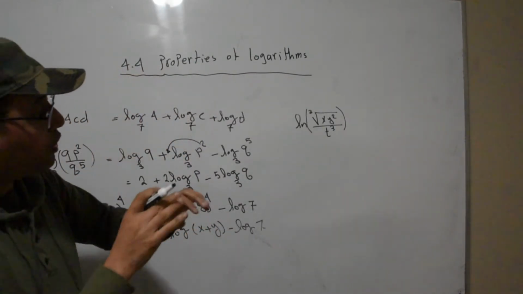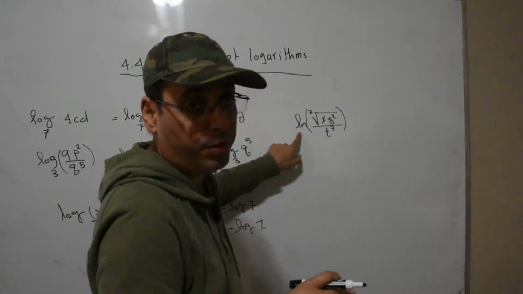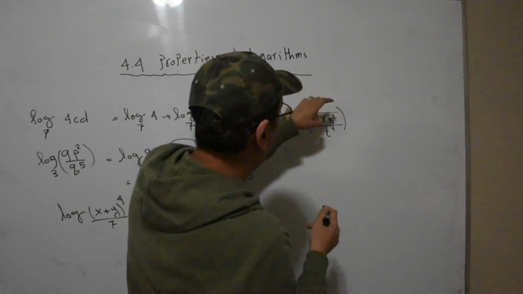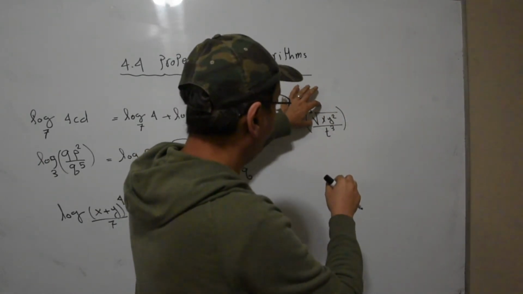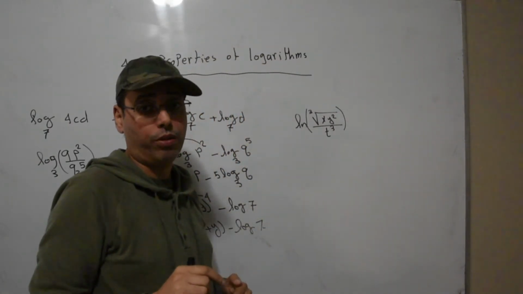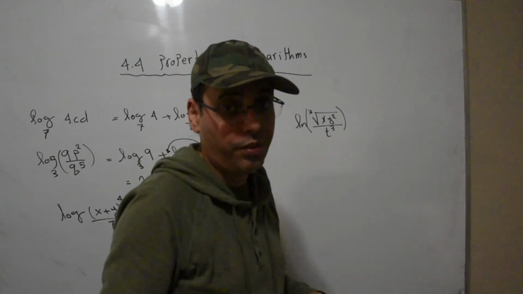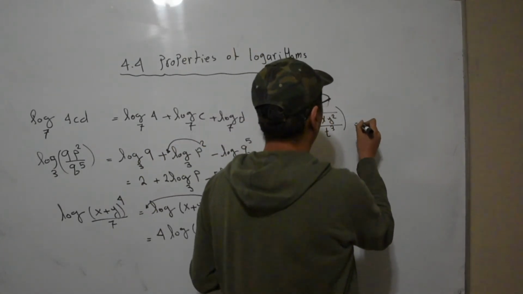Okay, so I need to break the argument down, and each one would have a separate natural log. Okay, first of all, I don't like to write the cubed root in radical form, but I want to write it in a power form, and in other words, I have to have a rational power or exponent.